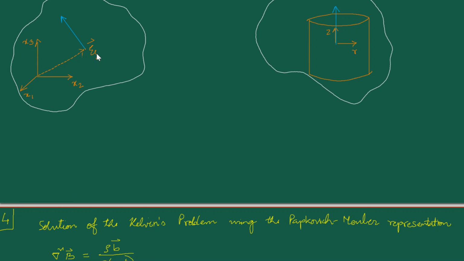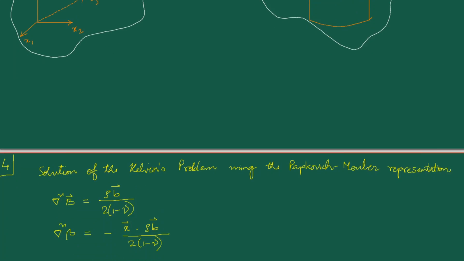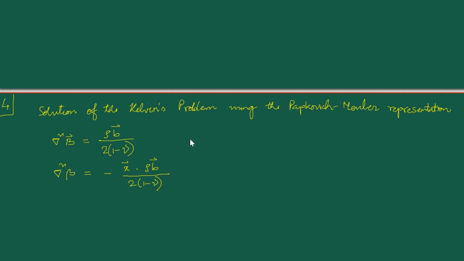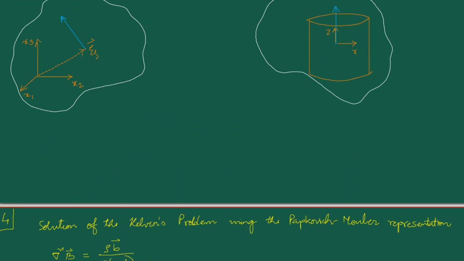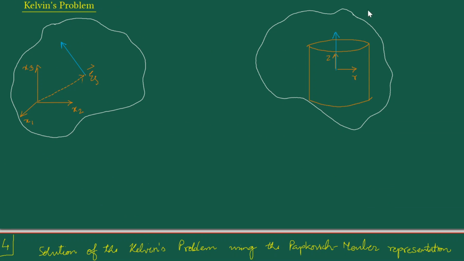Here the point where this point body force is acting is this xi vector. Since it's a point body force, let's say the magnitude of the force vector is p vector.